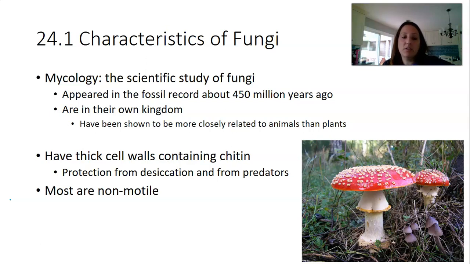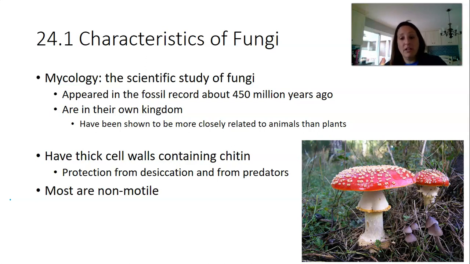However, when we take a closer look at fungi, the carbohydrate found in their cell walls is called chitin, where plant cell walls have cellulose. So even though they have a cell wall, it has a totally different structural polysaccharide when we compare it to plants.